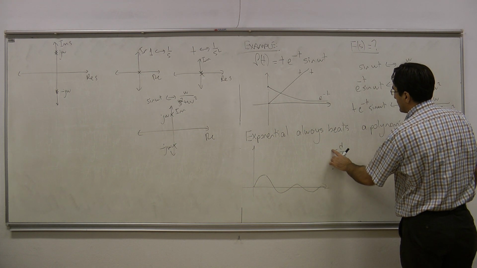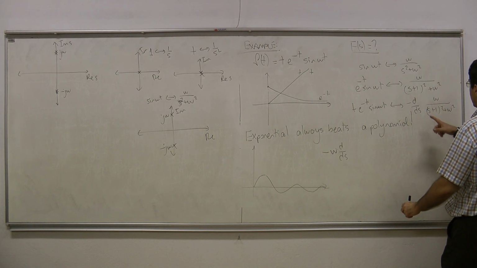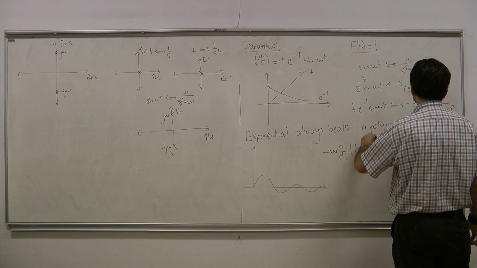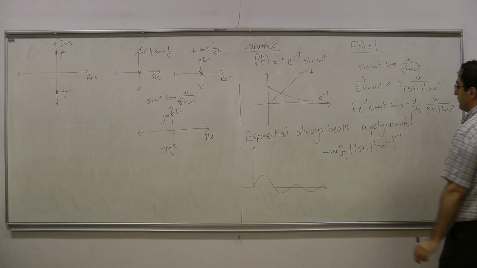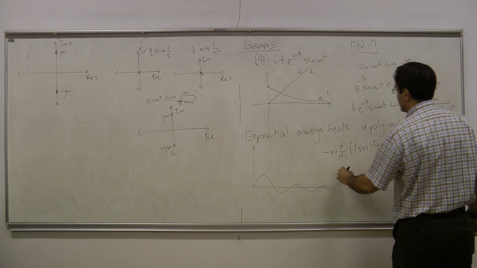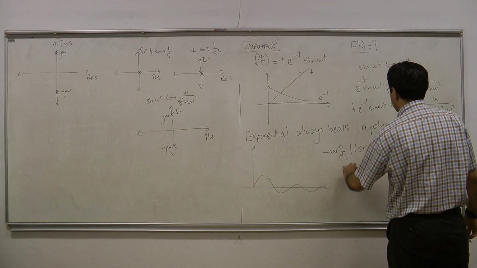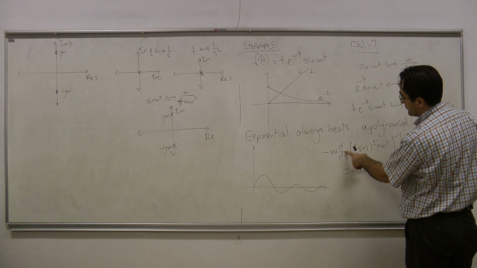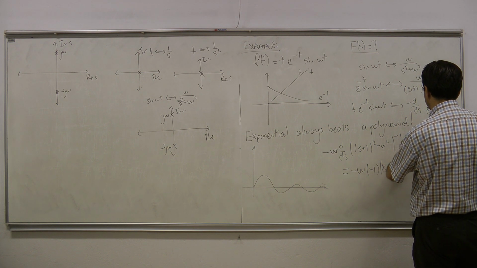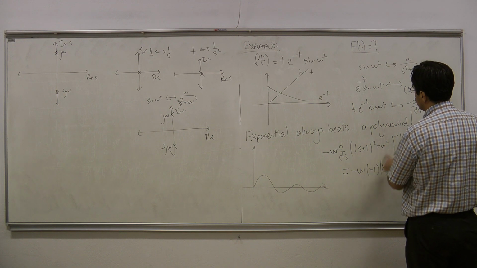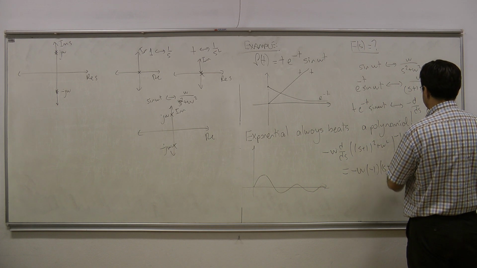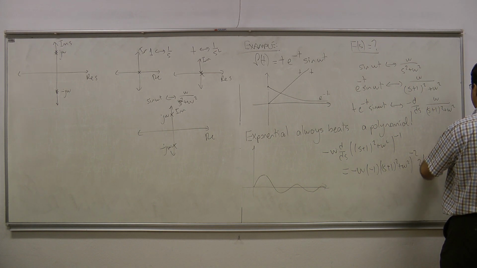Omega is just a constant here, so I would put minus omega, and this is the polynomial s plus 1 squared plus omega squared to the power minus 1. So when I take this derivative, I would have the following. This is equal to minus omega. Minus 1 is going to come to the front. Minus 1 times s plus 1 squared plus omega squared to the power minus 2, and the derivative of the inside. Derivative of this polynomial with respect to s is going to be 2 times s plus 1.